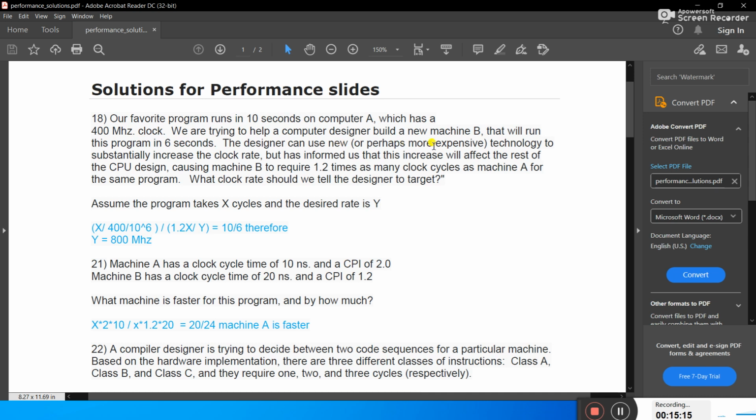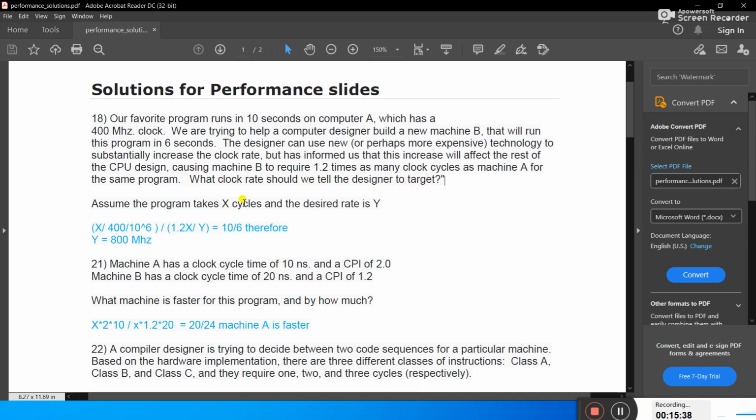The designer can use a new, perhaps more expensive technology to substantially increase the clock rate, but has informed us that the increase will affect the rest of the CPU design, causing machine B to require 1.2 times as many clock cycles as machine A for the same program. So what clock rate should we tell the designer to target?